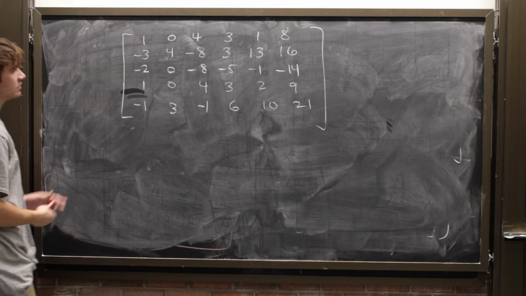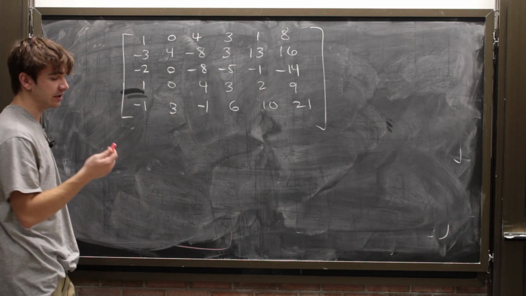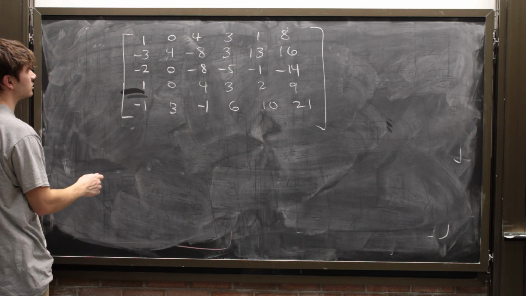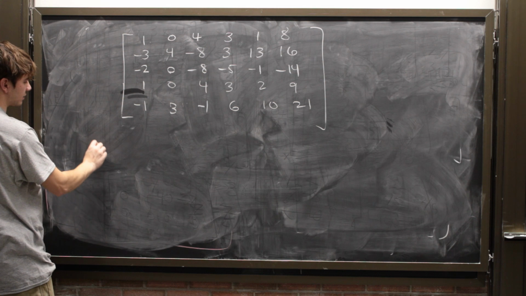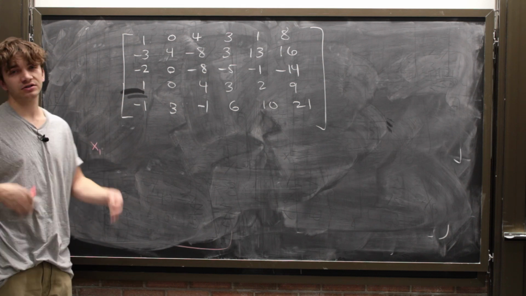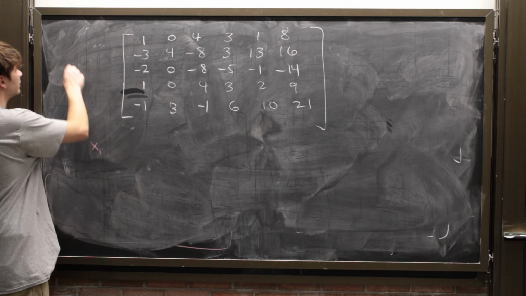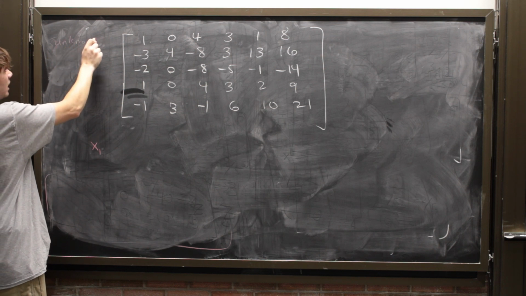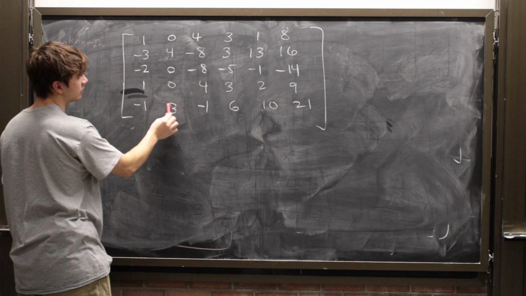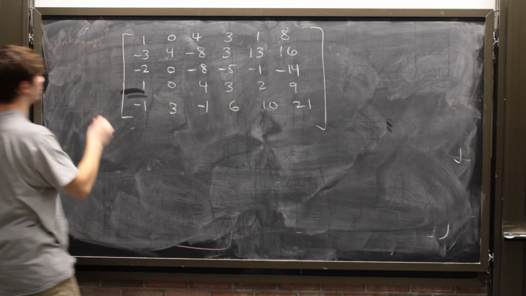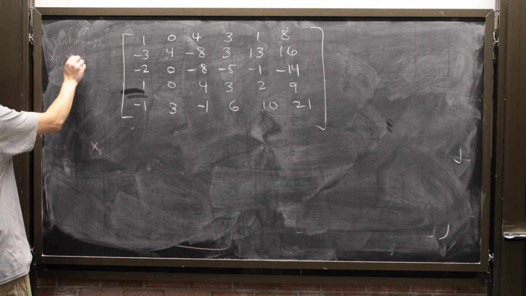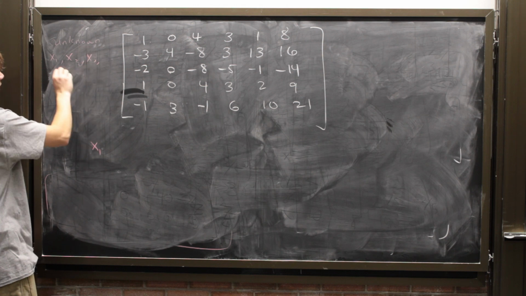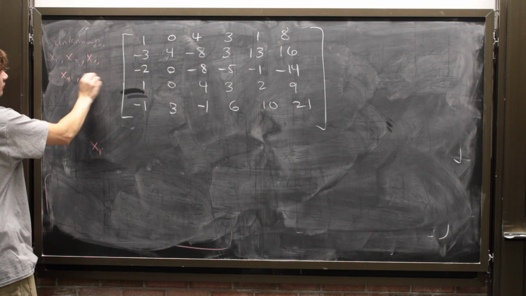Now, real quickly, what does this say in equation form? For the equation form of this top one, instead of using x, y, z previously, I now have 1, 2, 3, 4, 5 unknowns. So let's say x1, x2, x3, x4, and x5.